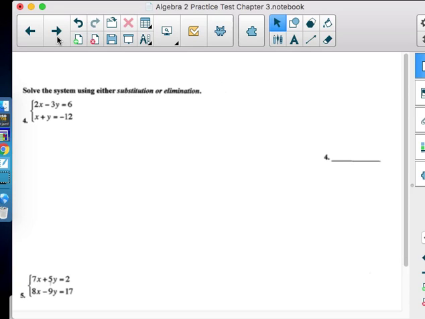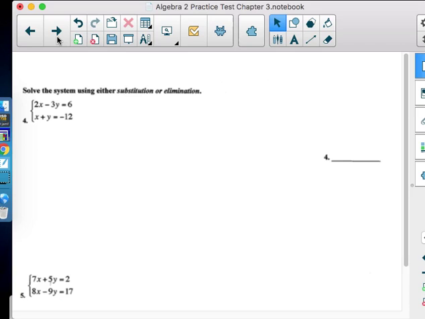And again, I would like us to all do this the same way if we can. So I'm just going to pick somebody that gets to pick which method we're going to do this by here. Let's see. A couple of people trying not to make eye contact. Christian, what do you want to do? Substitution?